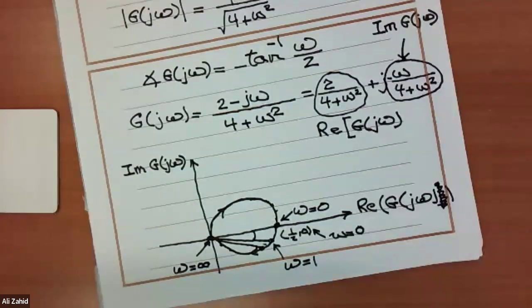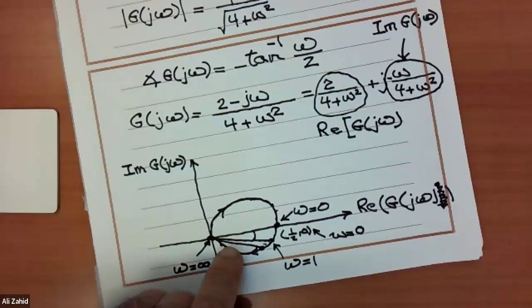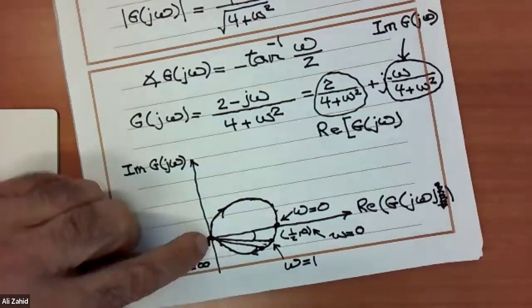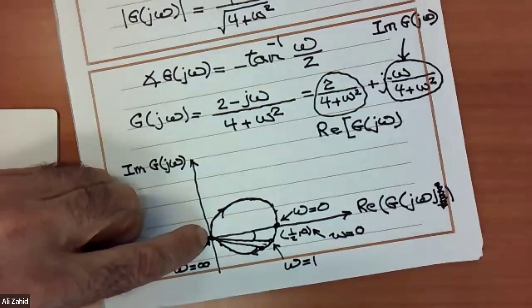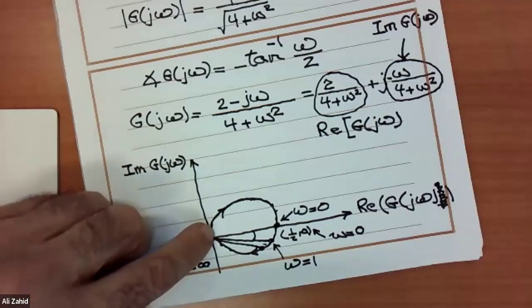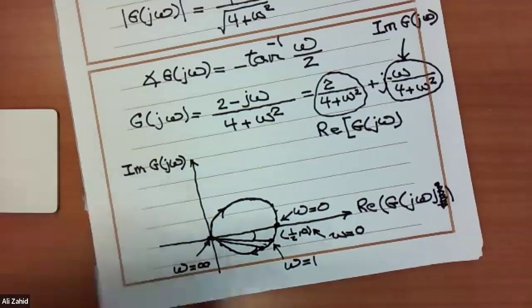Is that lower or higher? It's lower. As I increase omega, what will happen? The magnitude becomes lower and lower until omega equals infinity. What is the magnitude? 0. Did you get it or not?